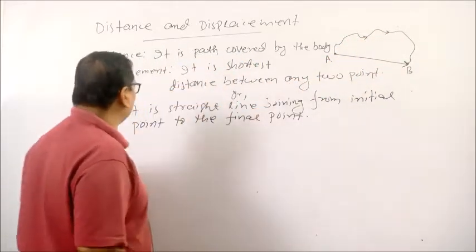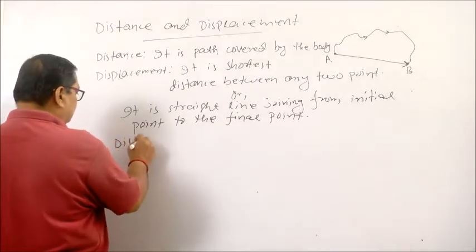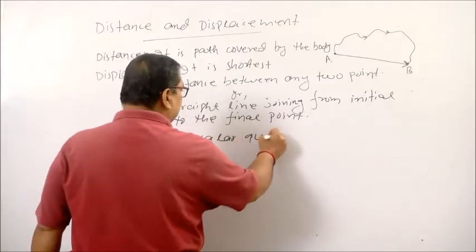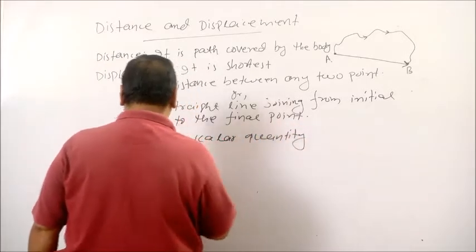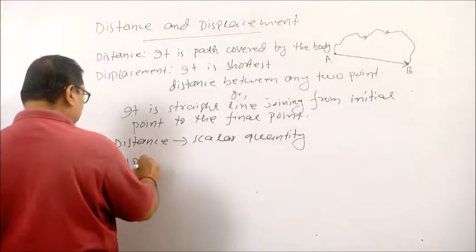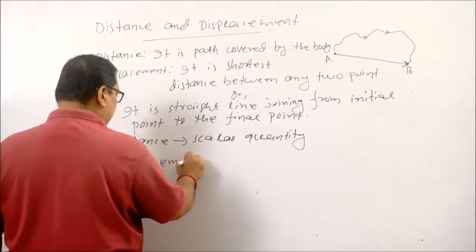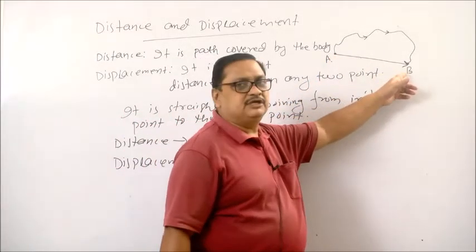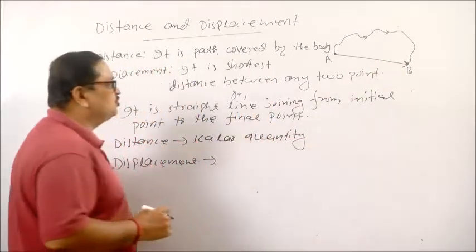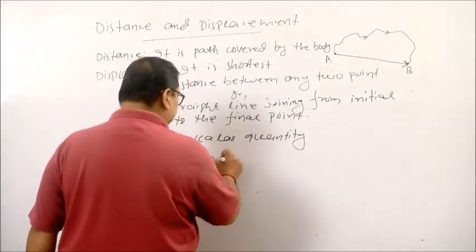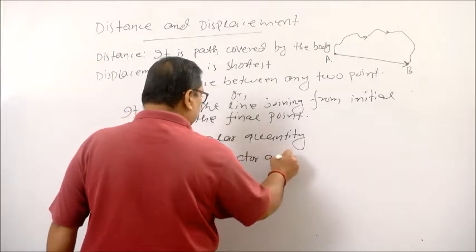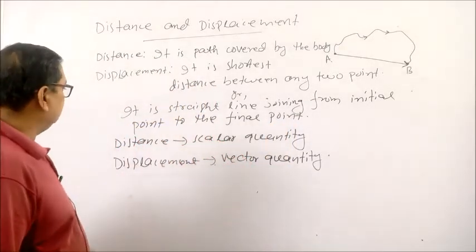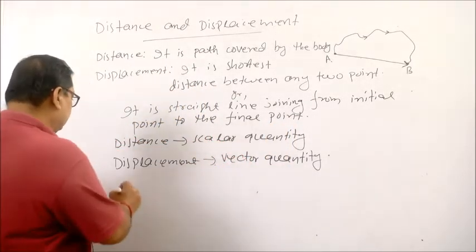Hence, distance is scalar quantity. It has no particular direction. It has only magnitude. But displacement, you just mark that it has a particular direction from initial point to final point, A to B, and it has also magnitude. So, it has both magnitude as well as direction. Hence, displacement is known as vector quantity.